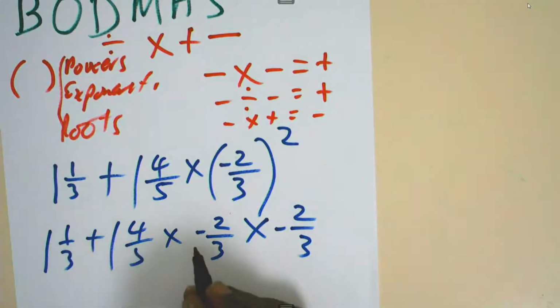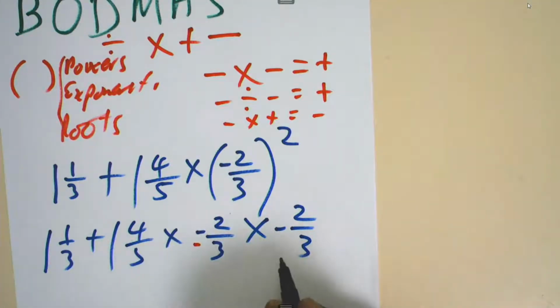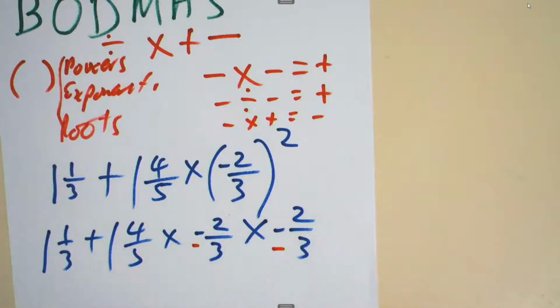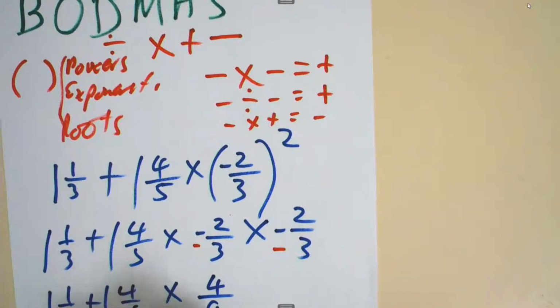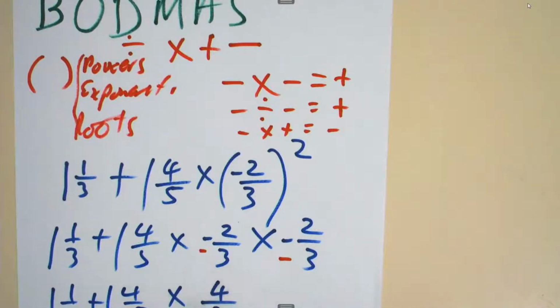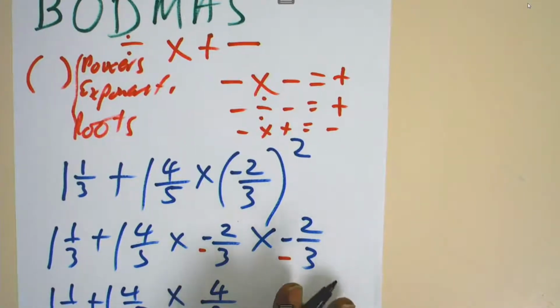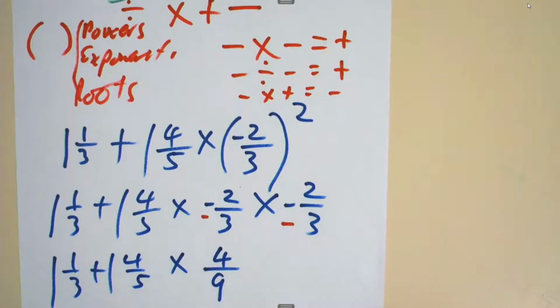So in that case, your negative by negative is positive, which is 4 over 9. Then 1 1/3 plus 1 4/5. So we have dealt with the bracket. We have dealt with the exponents. All right?